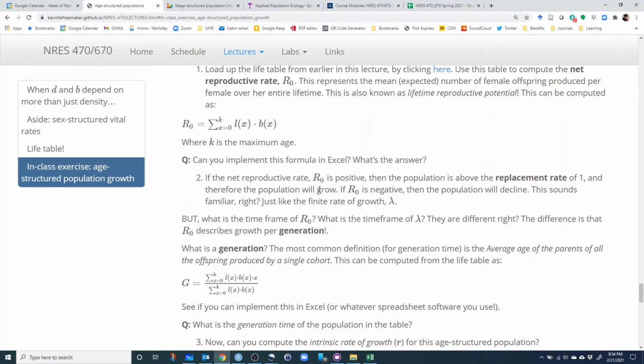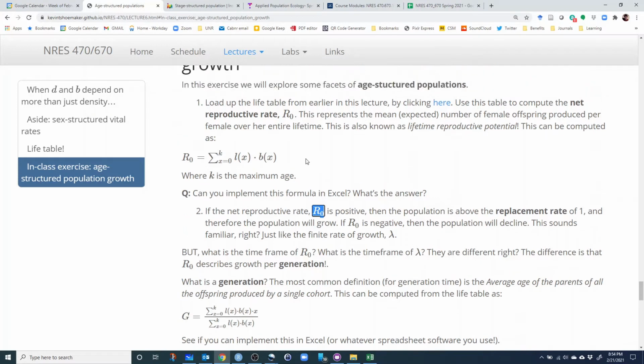So a couple things to note here is that the net reproductive rate, or the lifetime reproductive potential, is similar to lambda. If this quantity is positive, then every female can reproduce herself within her lifetime, and the population is stable or increasing if lifetime reproductive potential is positive.